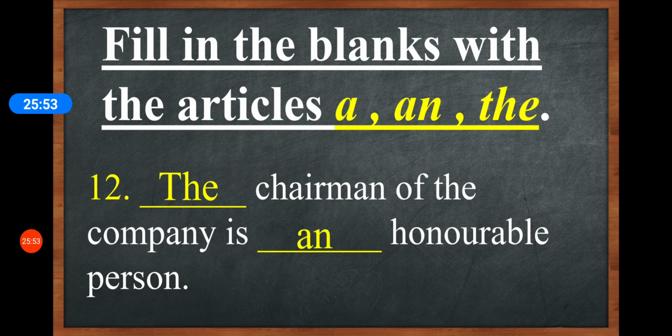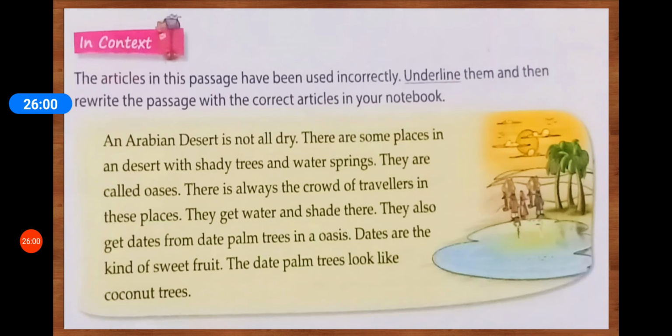Let's do one more, which is different. In context, which is given on page number 39 in your grammar book. The articles in this passage have been used incorrectly. We have to underline them and then rewrite the passage with the correct articles in your notebook.